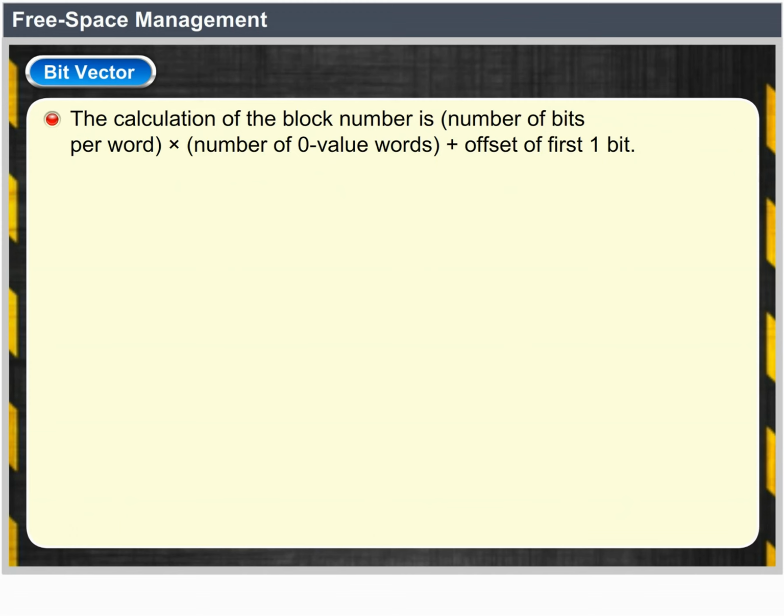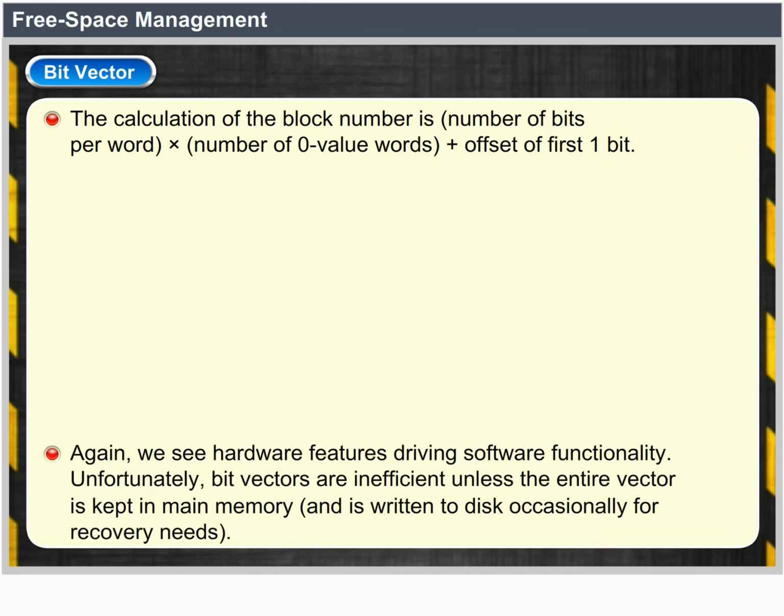Unfortunately, bit vectors are inefficient unless the entire vector is kept in main memory and is written to disk occasionally for recovery needs. Keeping it in main memory is possible for smaller disks but not necessarily for larger ones.